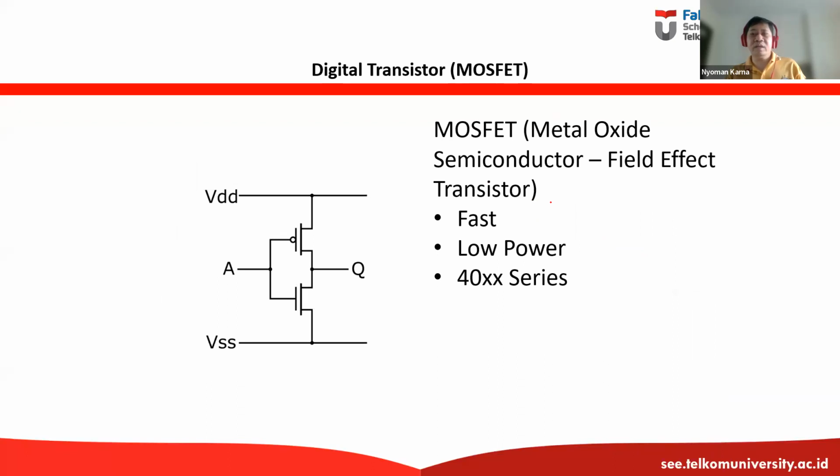Now, the MOSFET, metal oxide semiconductor field effect transistor, is fast, although it cannot give enough power to turn on or rotate a DC motor. Yes, it can turn on an LED lamp, but the current it gives to the output is too small to turn on a DC motor.